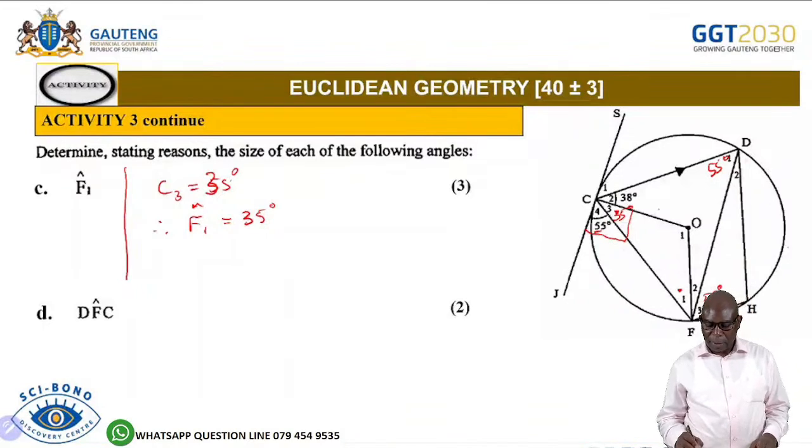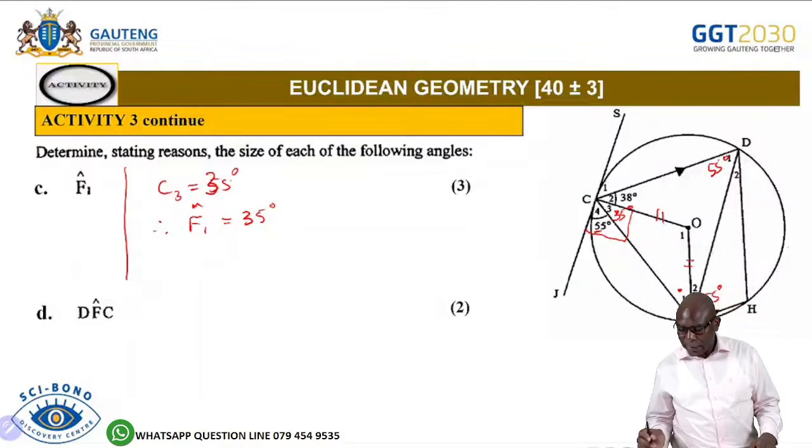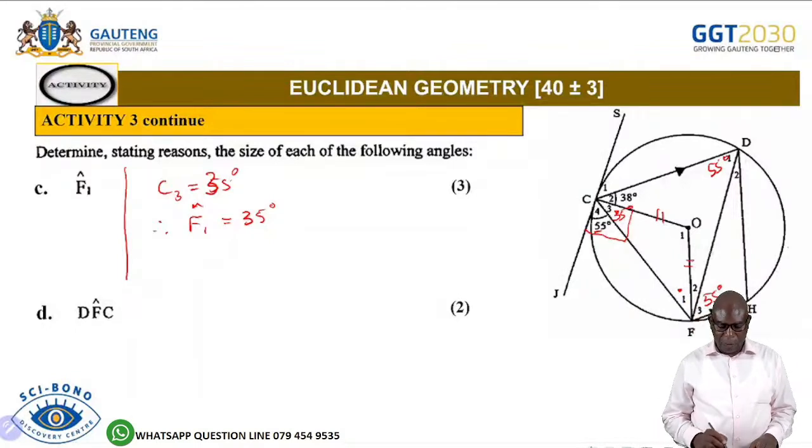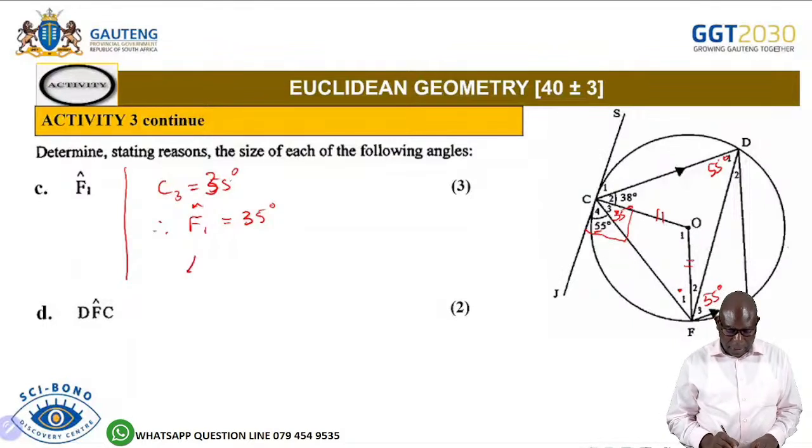What is the reason? Remember I said these are D, so it forms an isosceles triangle. In the isosceles triangle, what do we say now here? We are now going to say, see the reason, angles opposite equal sides. What is given becomes the last part.